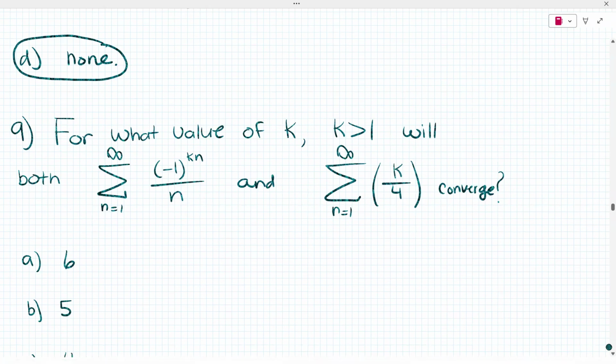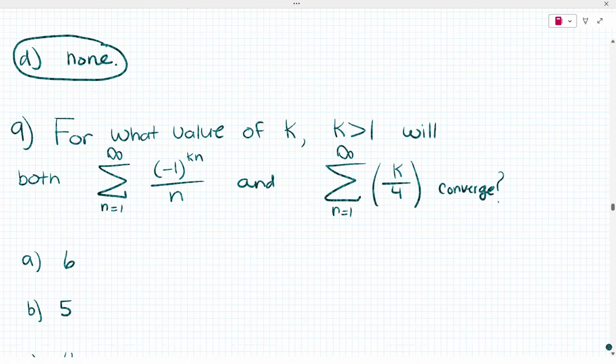It says, for what value of k, where k is greater than 1, will both summation from n equals 1 to infinity of negative 1 to the kn, and summation from n equals 1 to infinity of k over 4 to the n converge? So we've got to figure out what k value will make it work.